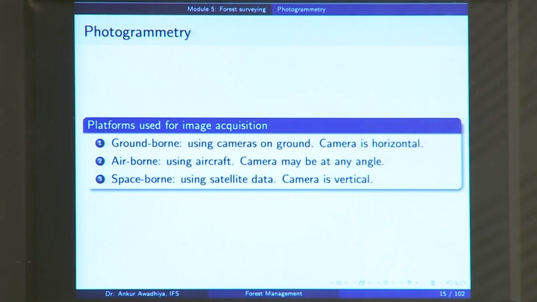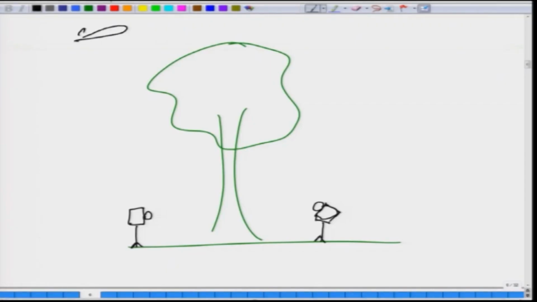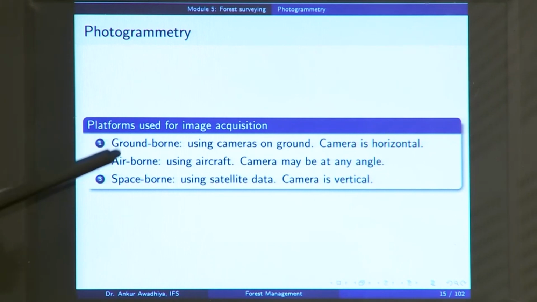Now, in this case you are making use of an aircraft, and you can have a camera that is looking downwards or that is say at an angle. And the third one is making use of space-borne platforms, such as using of satellite data, and in this case the camera is vertical.